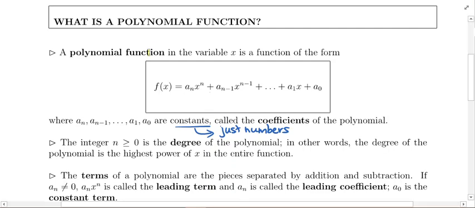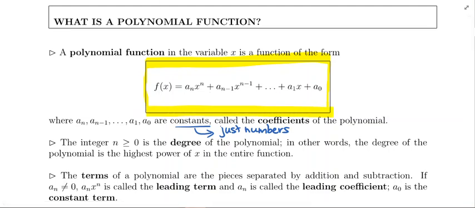They say this is what a polynomial is. If we examine this, they tell us what a_(n-1), a_1, a_0 are. They're just numbers. So you've got a number here, a number here, a number here. Each of these numbers is multiplied by a power of x.